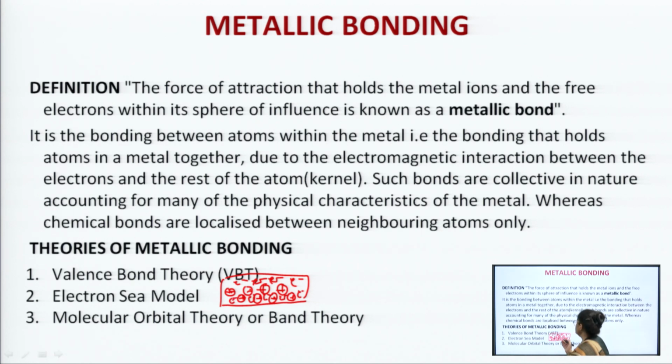This proposal became very popular and could explain a large number of properties, except for a few, like why sodium is so soft in nature whereas osmium is so hard, and why gallium or mercury is a liquid whereas the other metals are solid.